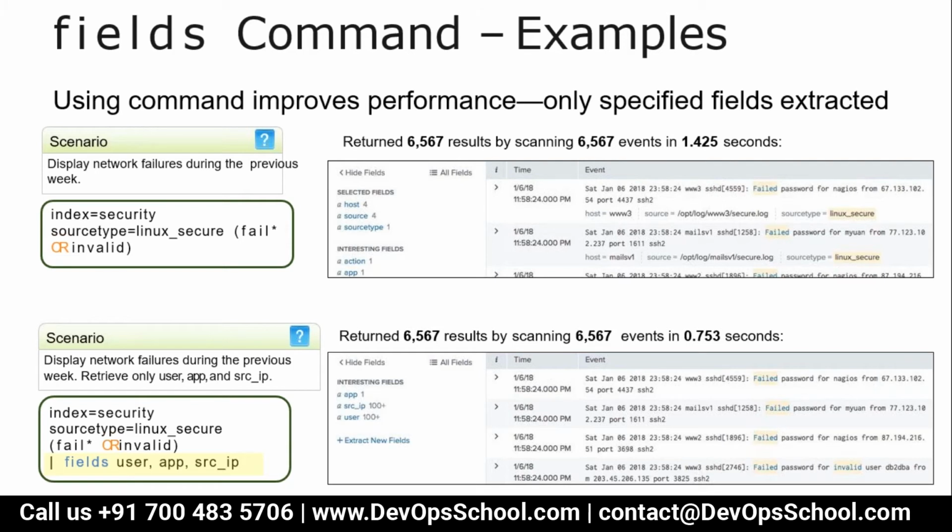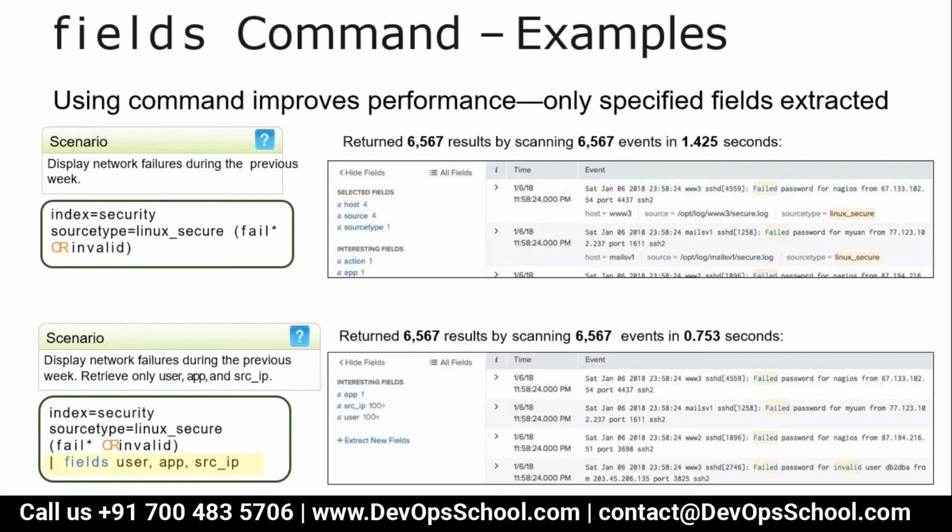Now if you change the queries a little bit, then you see the power of it. So look at the query below: index is equal to security, source type is equal to linux_secure. Here you are searching again for the same thing, fail and invalid, but you are specifying the fields to search, not everything but certain fields only.